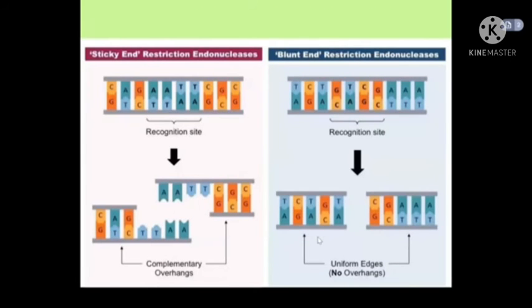So here is an example of the restriction endonucleases. See, the site is this. It is TTAA, AATT, it is reverse AATT. So that is the site where it will be acting. So the restriction enzyme has cut the DNA, and now the DNA is having sticky ends.